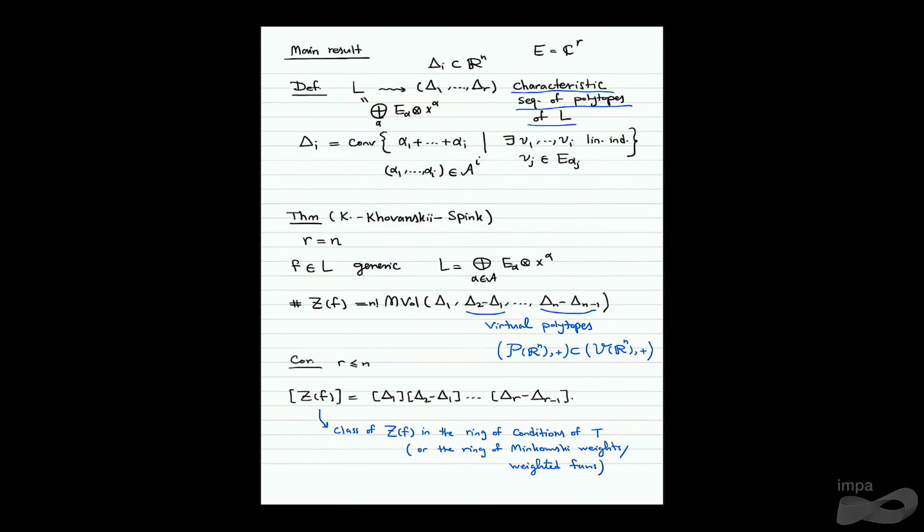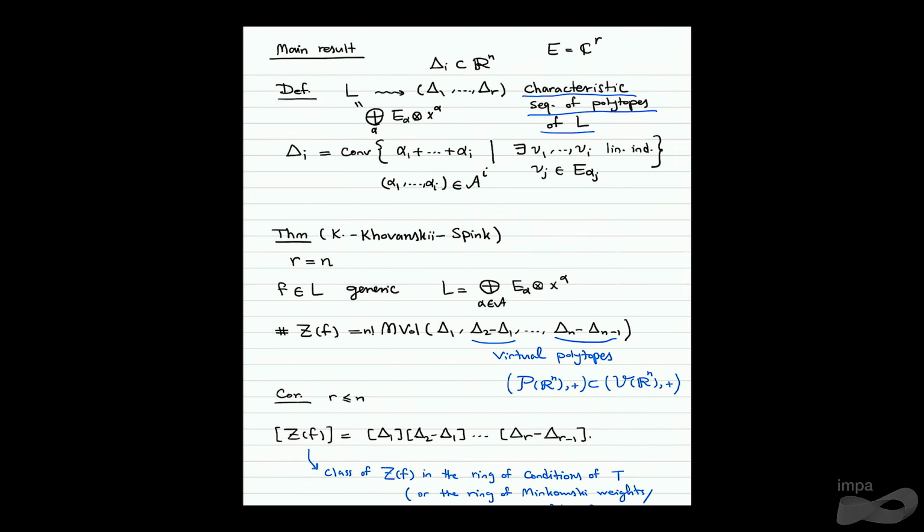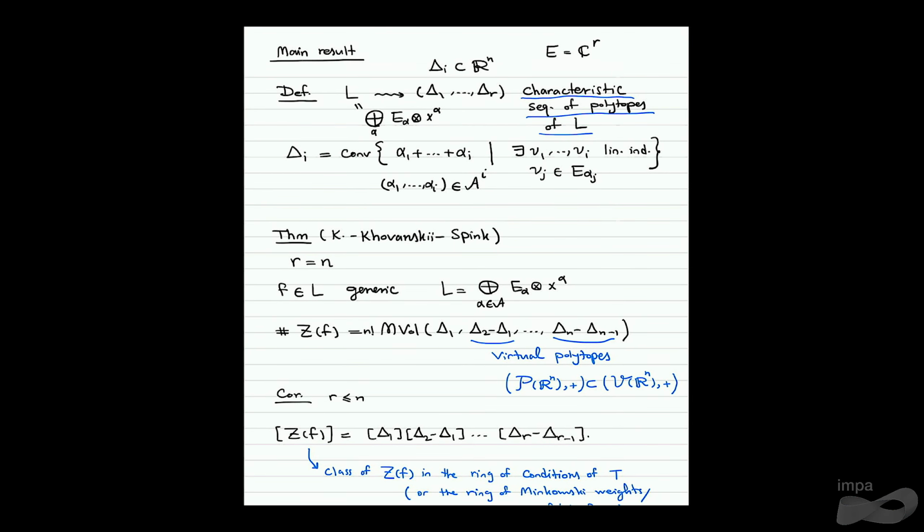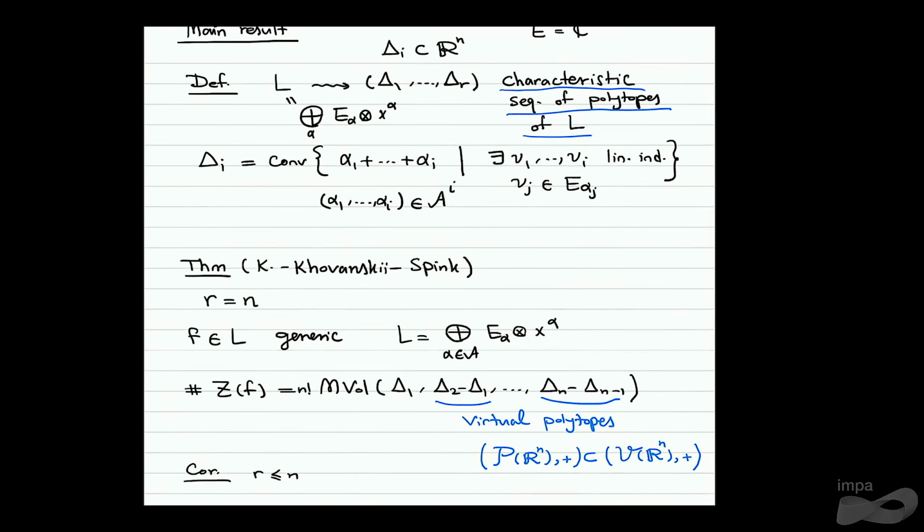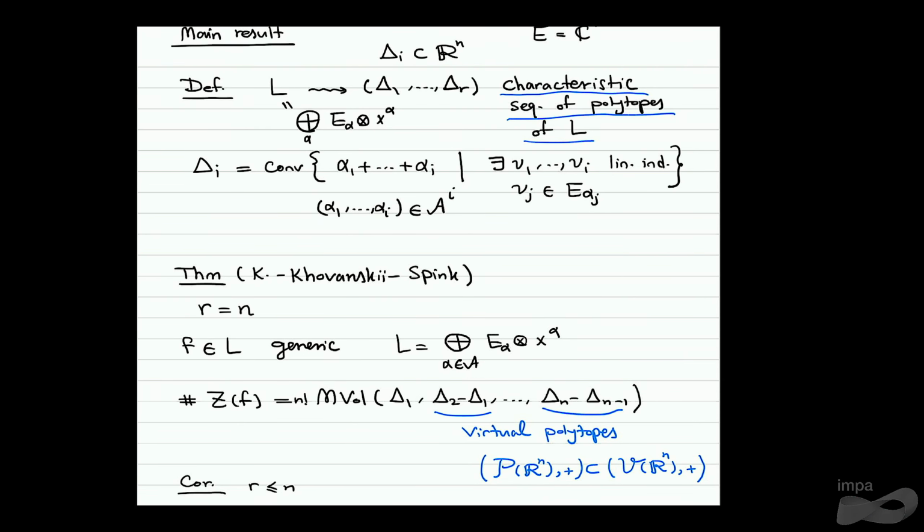Okay, so now coming to the main results. Sorry for the long introduction and setup. To L, we assign a sequence of polytopes which encodes the combinatorics.